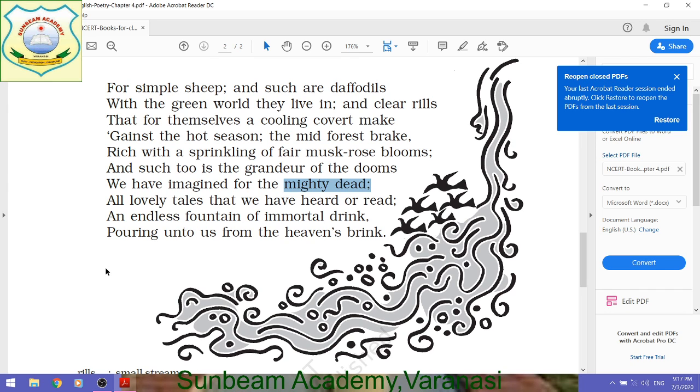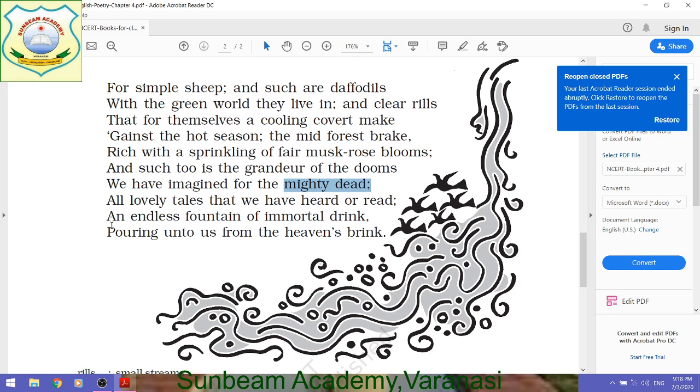One more question can be asked from it: what is the source of the endless fountain of immortal drink? As I told, these two lines are very important. For that you can explain that nature and its endless beauties and bounties are the source of the endless fountain of immortal drink present here on the earth.